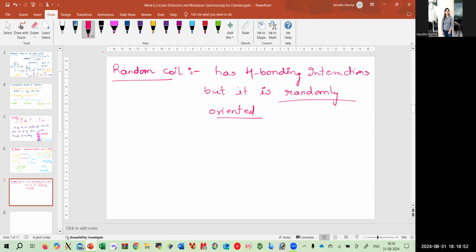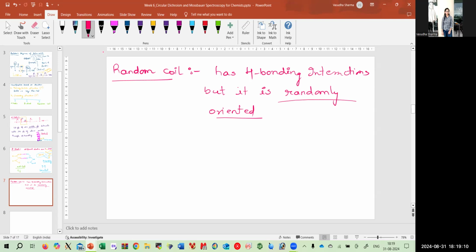So there is no proper arrangement, no particular fashion is being followed. It's randomly oriented, and we will have hydrogen bonding randomly. That's why it is called random coil. So it is not having a perfect structure.